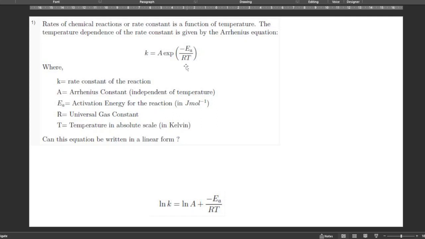We have done this kind of transformation in our higher secondary education itself. It involves just simple math. Taking log on both sides will transform the exponential function to a normal algebraic function.